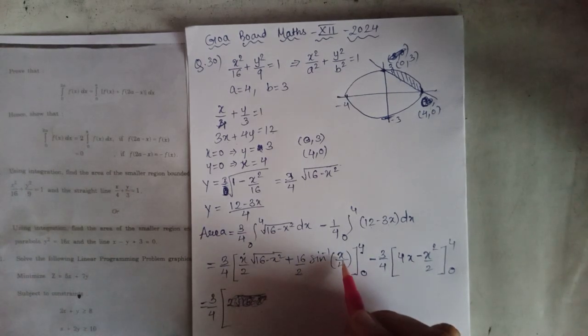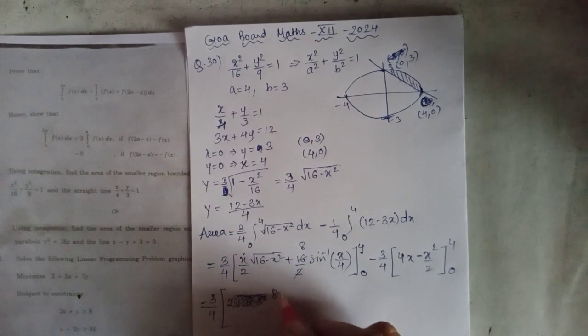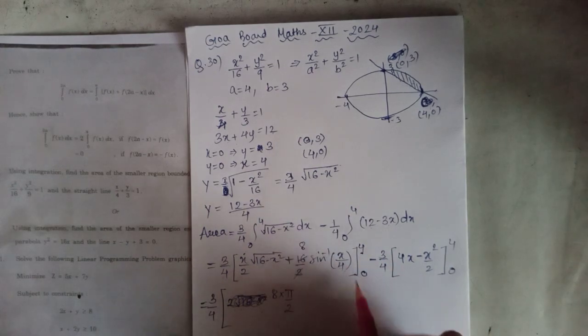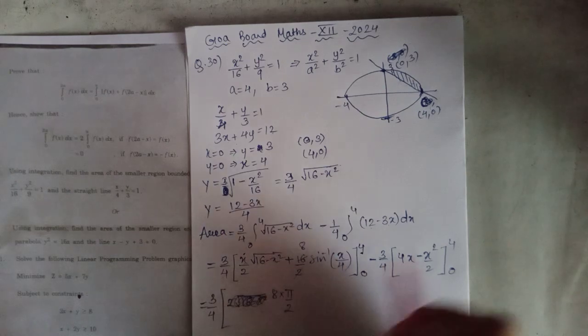Then this will be sine inverse of 1, right? So pi by 2. Then minus, when you substitute 0 here, this term becomes 0, and sine inverse of 0 is 0.